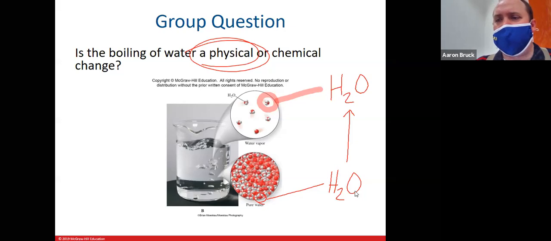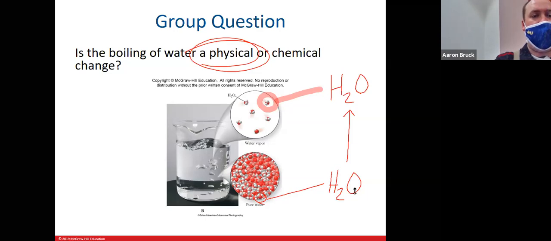What we're looking for in a chemical change is any kind of rearrangement of the molecules. So, for example, if the water were to react with something in the air to turn into sulfuric acid, that would be a chemical change. And it wouldn't involve elements at all.